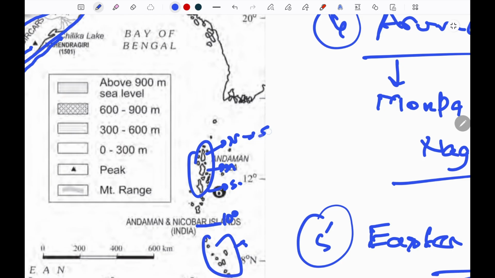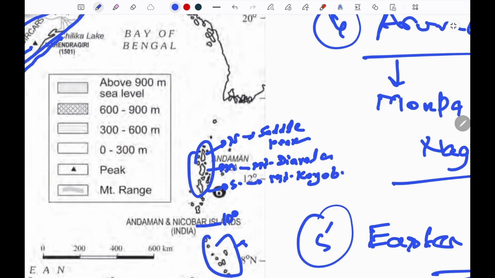Saddle Peak is the highest point of Andaman and Nicobar Islands as a whole, and it is present in North Andaman. And in the Middle Andaman, the highest peak is Mount Diavolo, and in South Andaman it is Mount Koyob, and in the Great Nicobar the highest point is Mount Thullier.